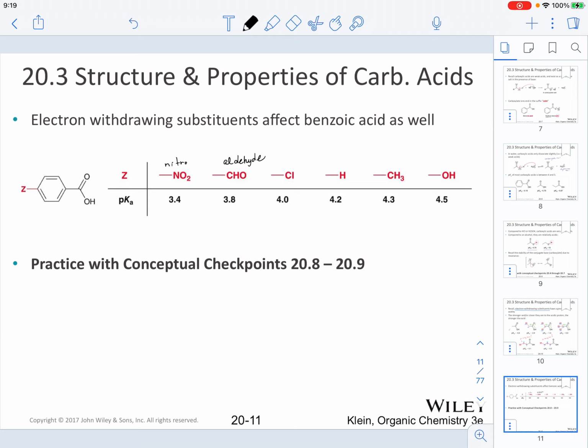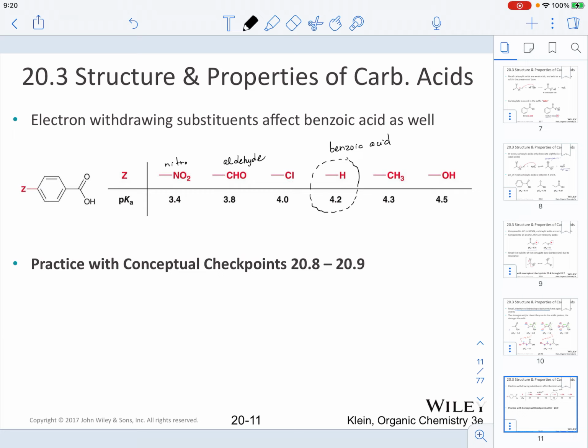Remember that our starting point for benzoic acid will be here. This is where we have benzoic acid. So, this group specifically is going to be para to our C double bond O motif within the ring.